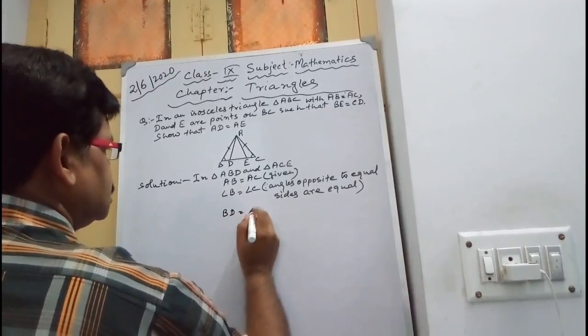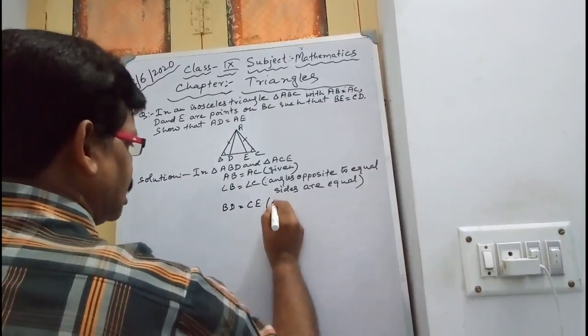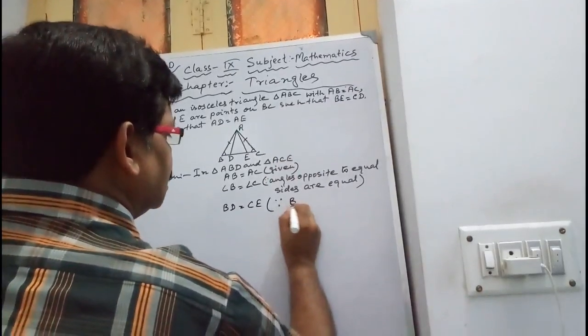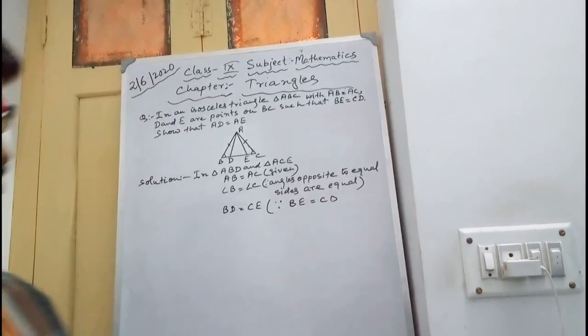BD is equal to CE, as in the question BE equal to CD is given.